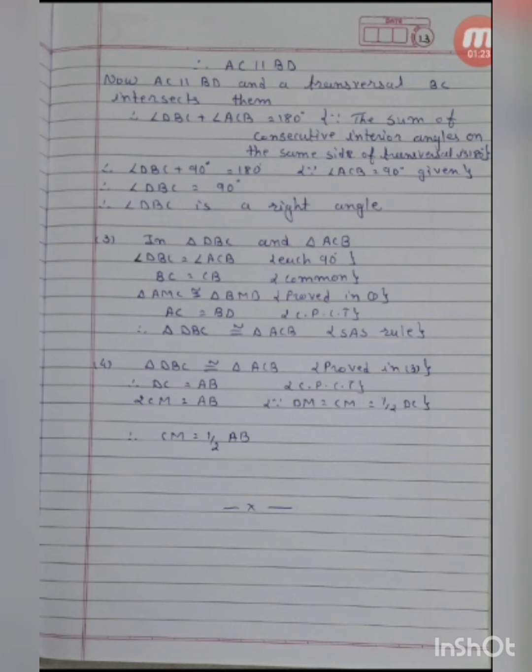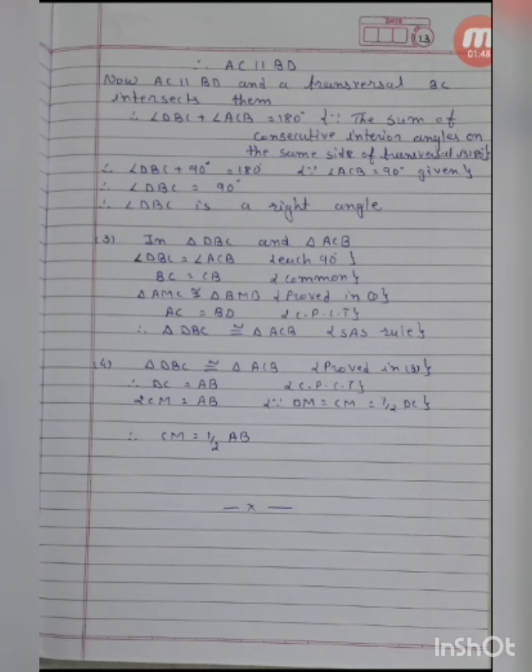So angle DBC plus angle ACB is equal to 180 because the sum of the consecutive interior angles on the same side of transversal. Here angle DBC plus 90 is equal to 180 because angle ACB is equal to 90 degree. So angle DBC is equal to 90 degree. So angle DBC is a right angle.